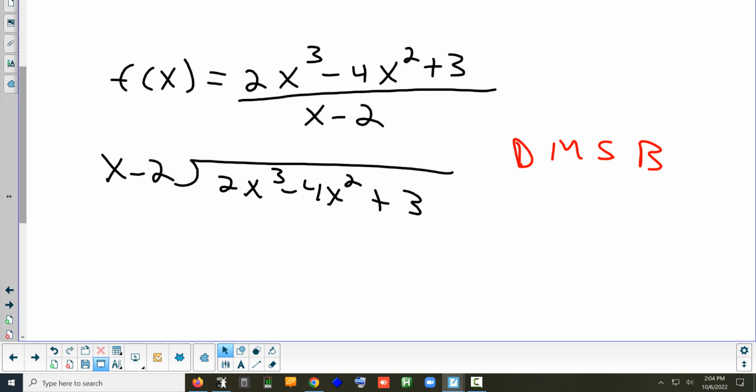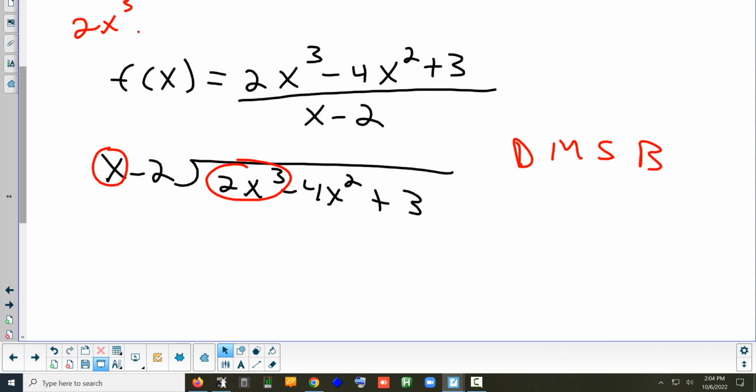That's the first letter of each step. So we are going to multiply, but that's not till the second step. The first step is to divide something. 2x by 2x to the third. So take 2x to the third and divide it by what? X minus 2. Just the x. Okay, so take 2x to the third and divide it by the x.